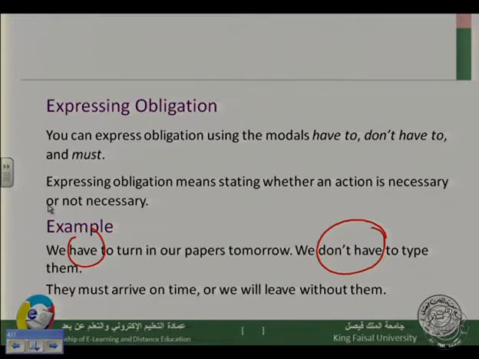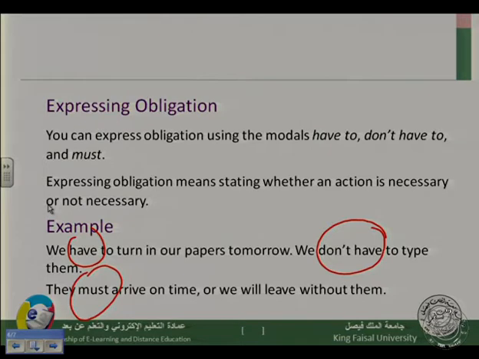You can submit them in handwriting. They must arrive on time, or we will leave without them. They must arrive. So, that's another obligation. They must arrive on time. Right.